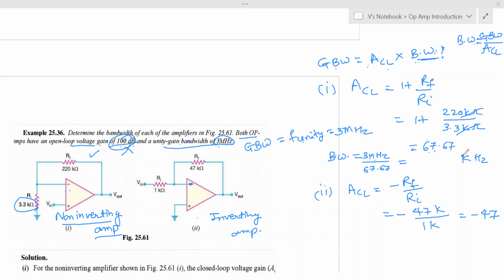Tell me final answer for first diagram. Similarly for second diagram, calculate bandwidth. GBW will be same. With minus sign, we have to calculate. Express bandwidth in kilohertz.